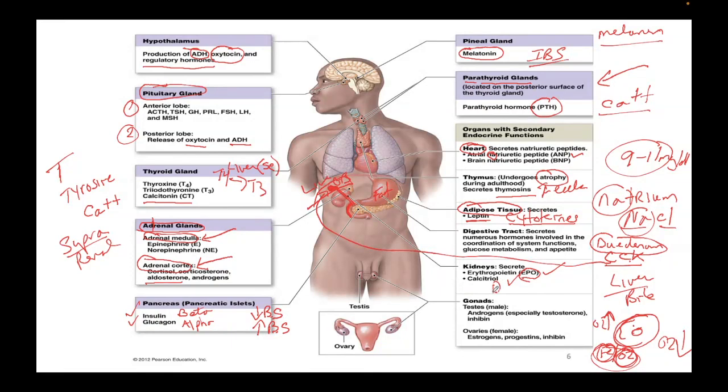Calcitriol is vitamin D. So the kidneys are involved in vitamin D production. So is the liver, and so is the skin. In order to make vitamin D, the sun has to hit the skin, right? So you have the sun, and the sun has to come down at a 90-degree angle, hit the subcutaneous cholesterol that sits on the skin.